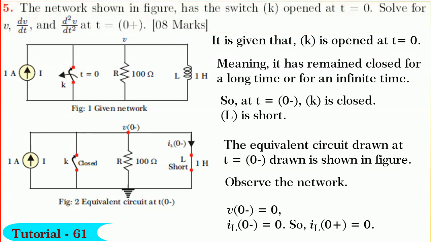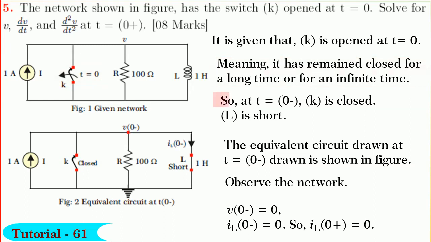In this question, we are required to solve for V0 plus, dV by dt 0 plus and d squared V by dt square 0 plus in the circuit shown in figure. It is given that the switch K is opened at t is equal to 0. Note that. Meaning, it has remained closed for a long time or for an infinite time.